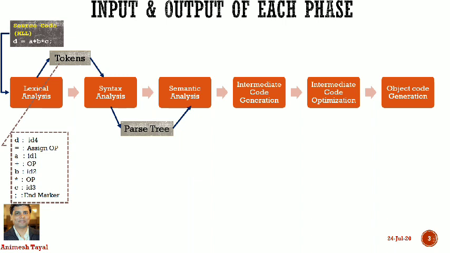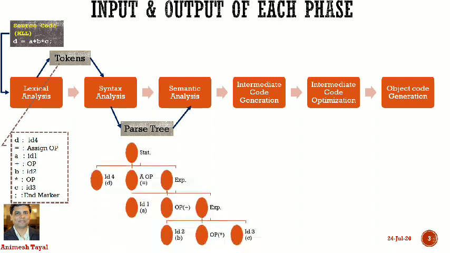So how the tokens will be generated and how the parse tree will be generated, just see that it is a tree structure in which the first statement d is equal to a plus b into c is a statement. So the first root node is the statement. The statement derives to 3 different child nodes.